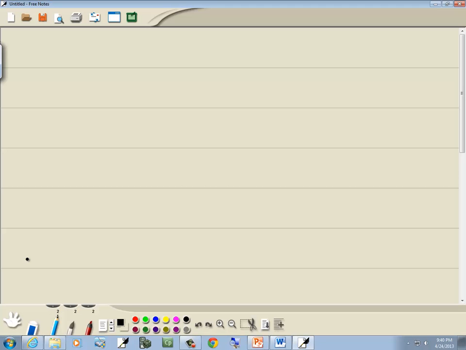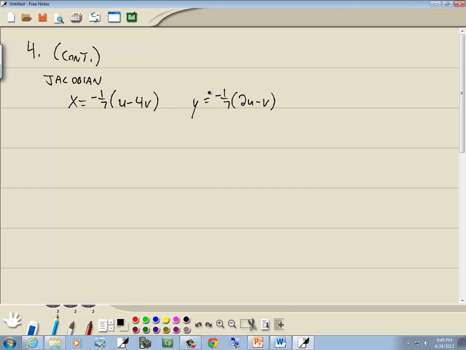Still on number 4, so there's 4 continued. And we're still finding our Jacobian. We write down what x was. x is equal to negative 1/7 (u minus 4v), and y is equal to negative 1/7 (2u minus v).